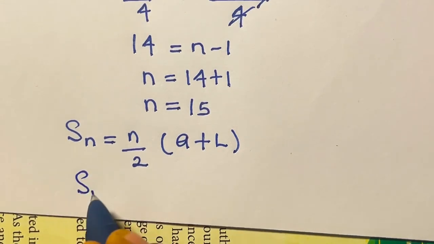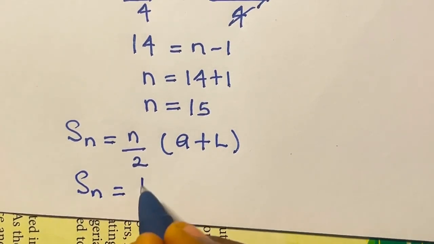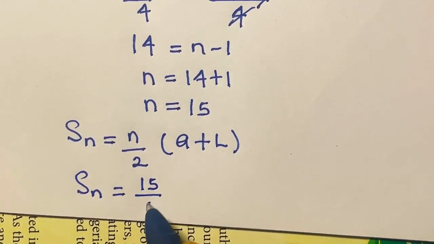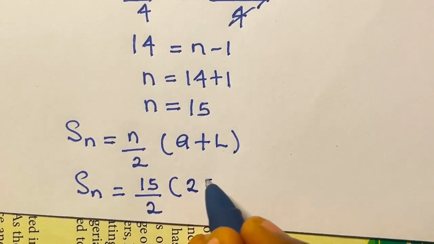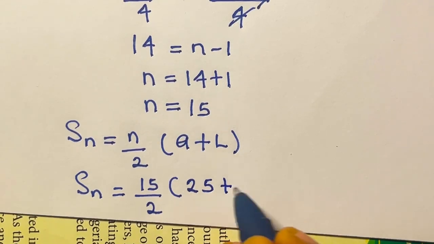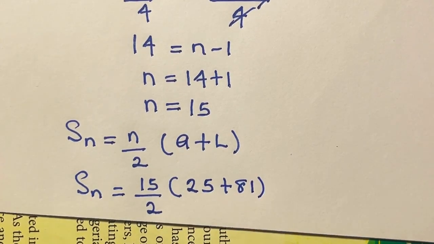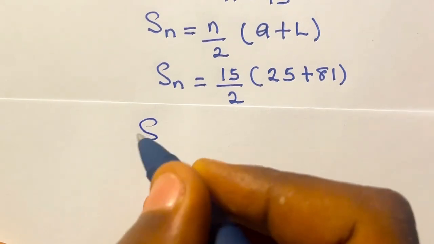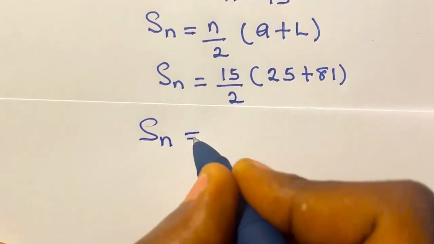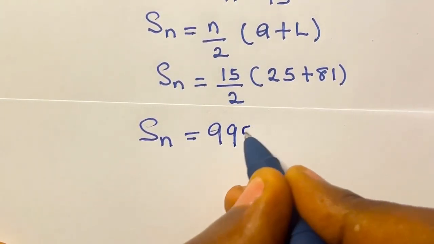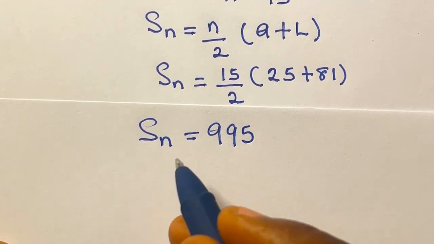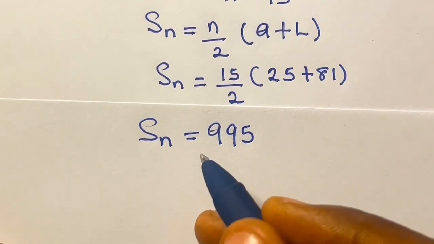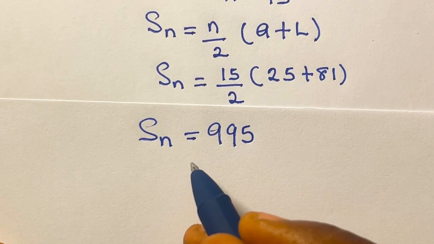Then here we have Sn equals 15 divided by 2, open bracket, our first term is 25 plus last term is 81. If you simplify this, we are going to have our Sn to be 795. But we are not interested in finding the sum of the terms. We are interested in finding f of 41.